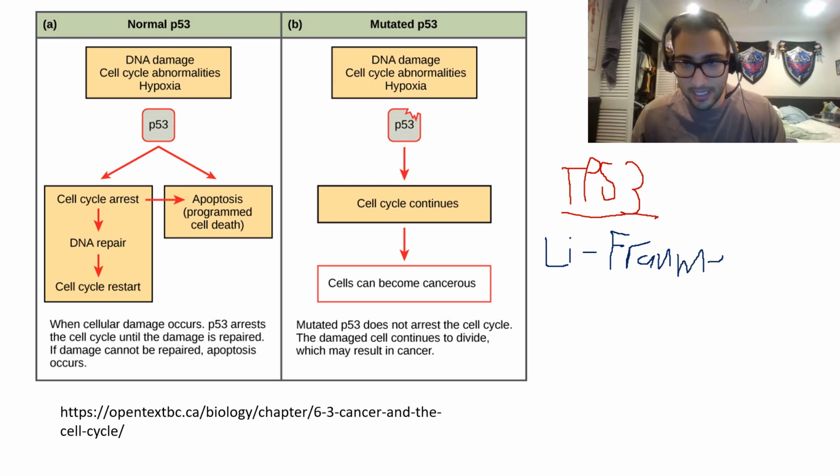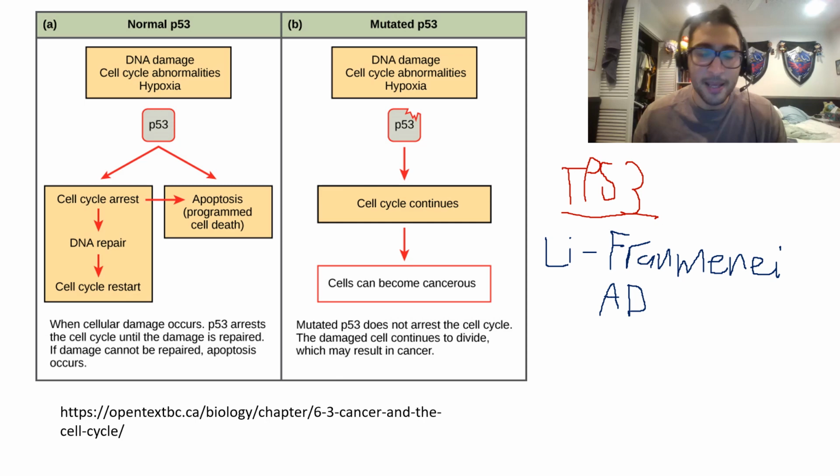All right, it's called Li-Fraumeni syndrome. In Li-Fraumeni syndrome, you're predisposed to cancer. It's a mutation in TP53, so it's autosomal dominant, and we'll talk a bit more about the inheritance pattern in a second. It's an autosomal dominant mutation in the TP53 gene, causing a mutated P53 product that cannot prevent the development of cancerous cells anymore.